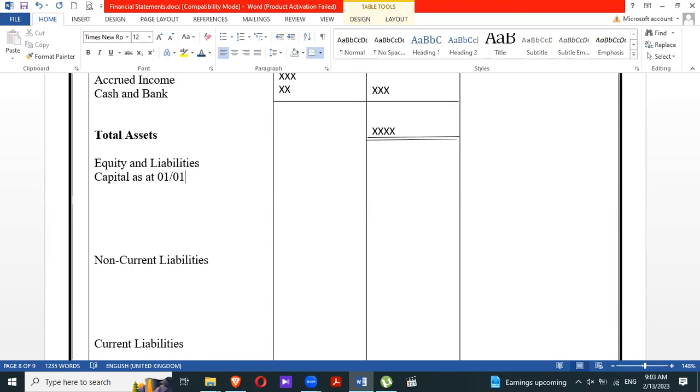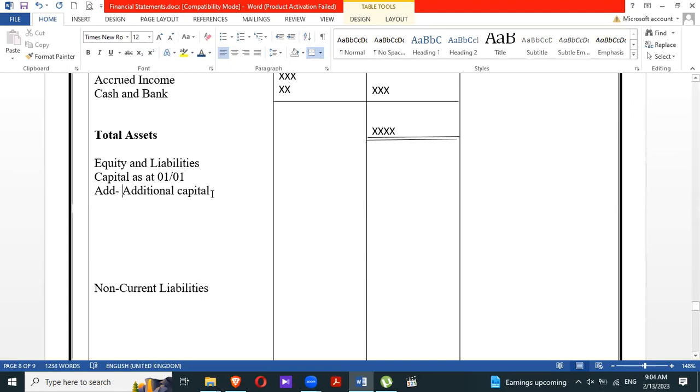Opening capital balance should be mentioned, right? When there's additional capital you have to add it. Normally only one or two items will be given, right?